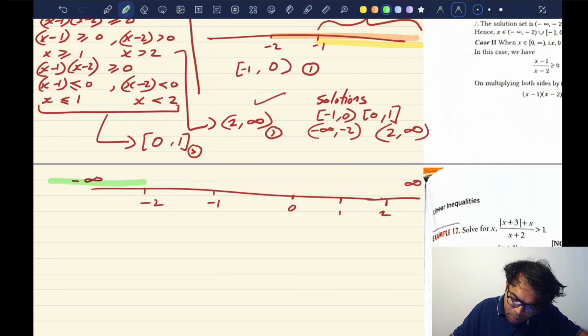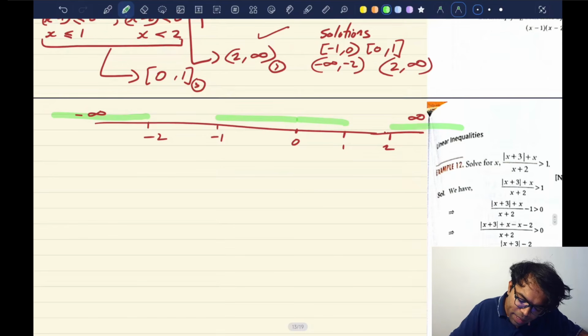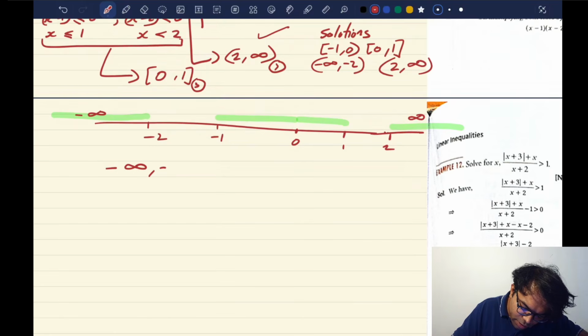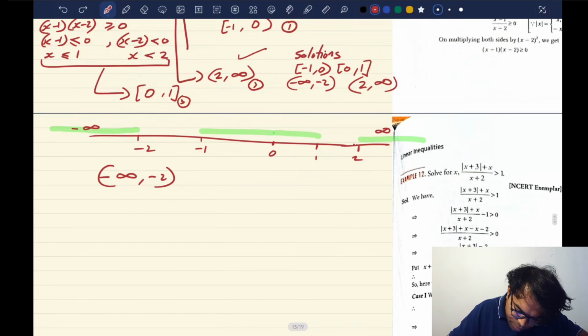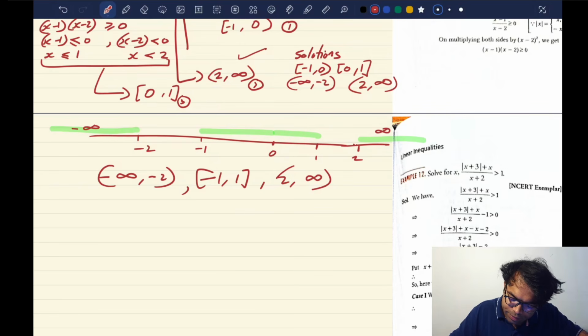Then you have minus 1 to 0, and 0 to 1, and then you have 2 to infinity. So basically I can write a uniform solution as minus infinity to minus 2, open brackets, minus 1 to 1, close brackets, and then 2 to infinity. Okay, this is the uniform solution.